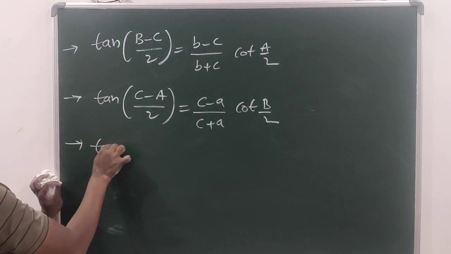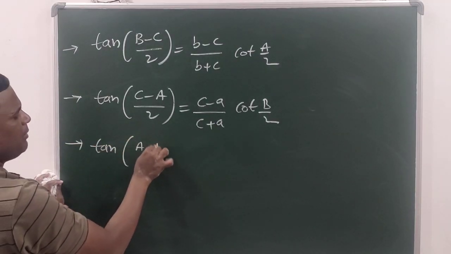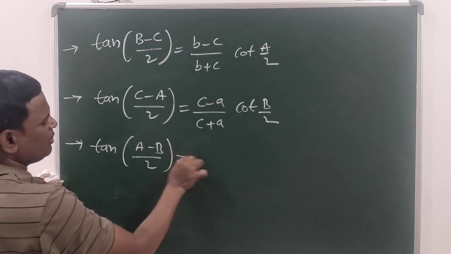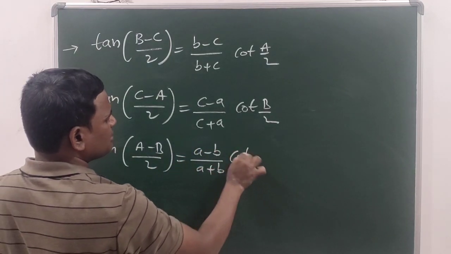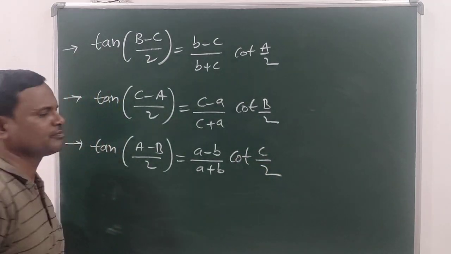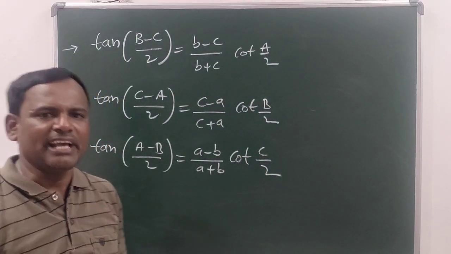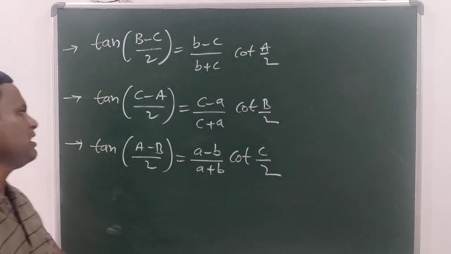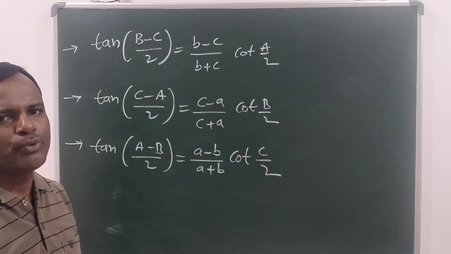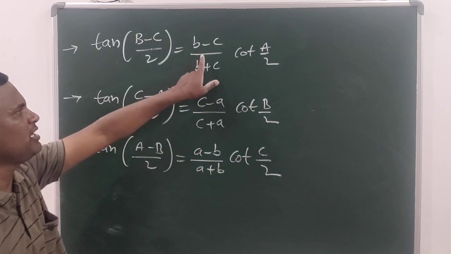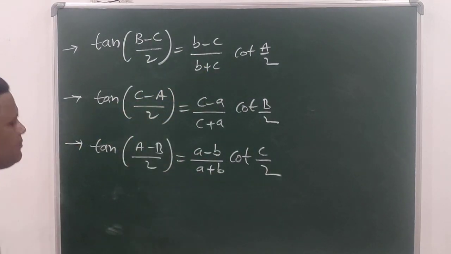And the next, tan of (a minus b) by 2 is equal to (a minus b) by (a plus b) into cot C by 2. So these are the tangent rules. Now I will explain any one of these three proofs. Let us see the proof of the first one.